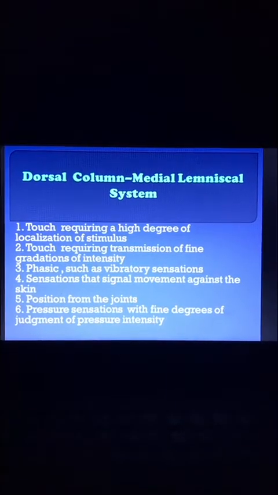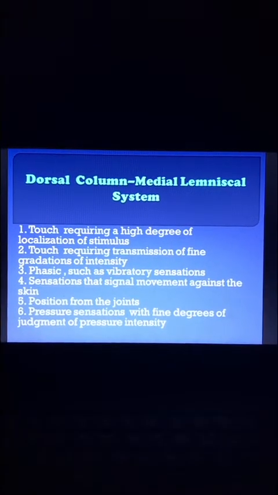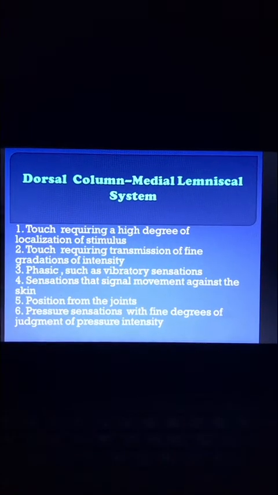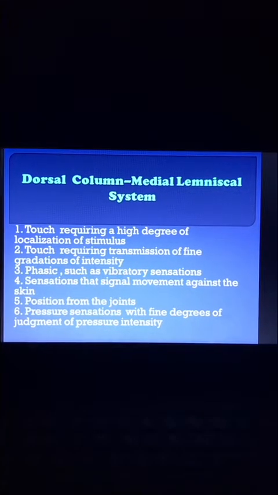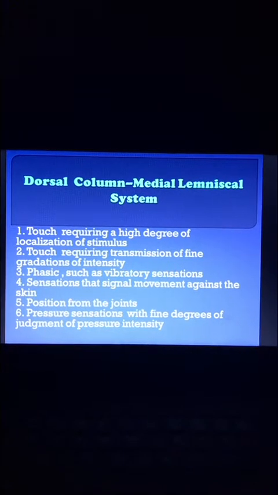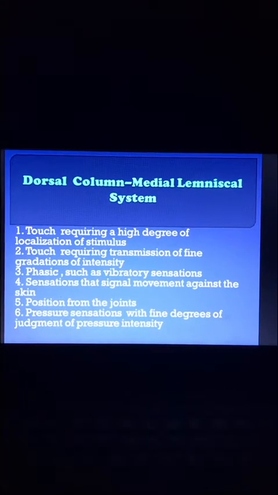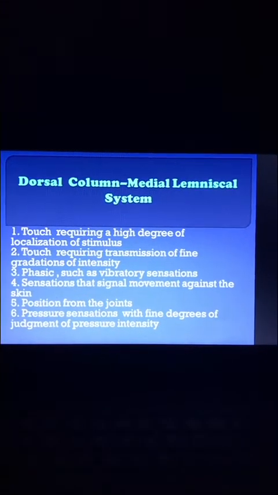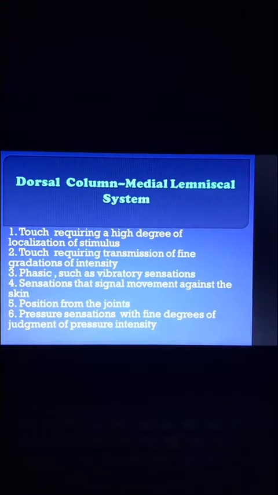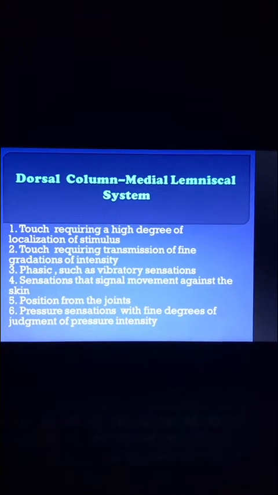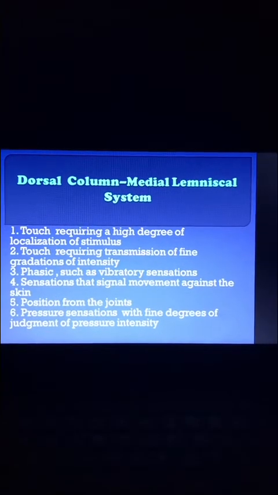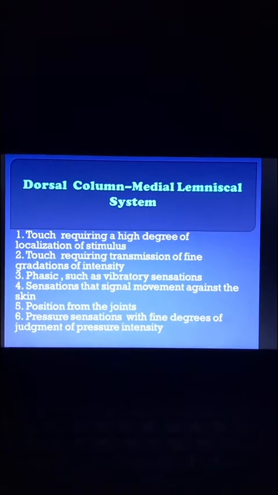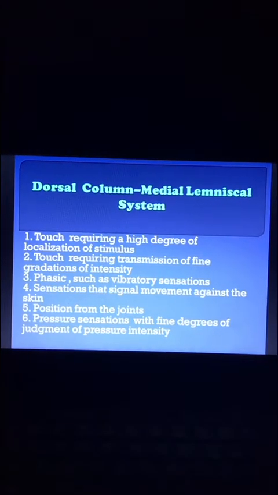Number 3, phasic sensations like vibration, sensations that signal movement against the skin. Number 4, position sense from the joints, whether it is flexion or extension, the angle of flexion. And number 6, pressure sensations with fine gradations of pressure.